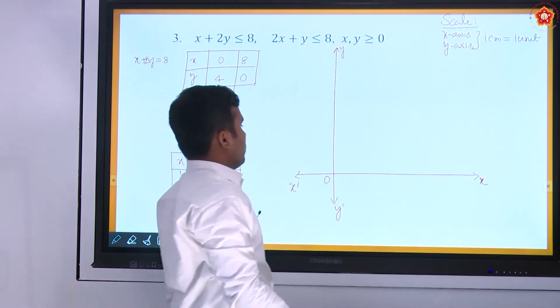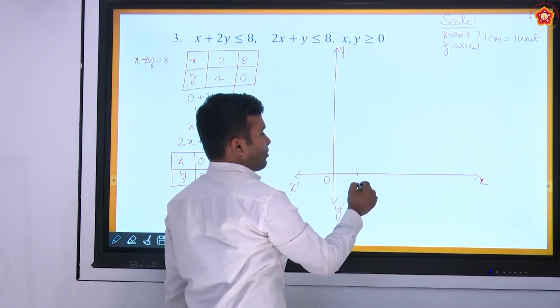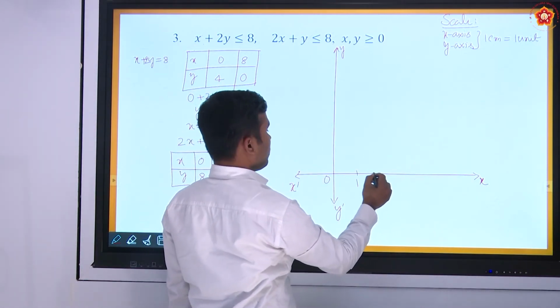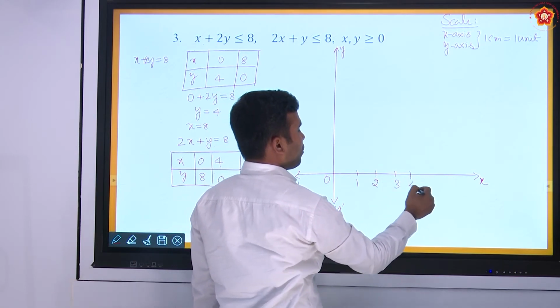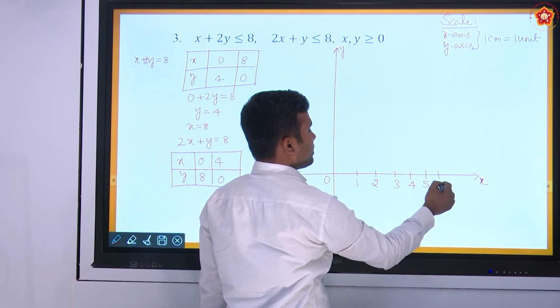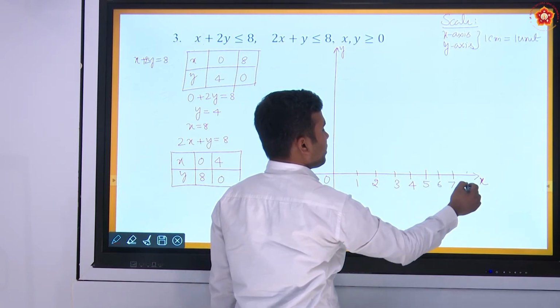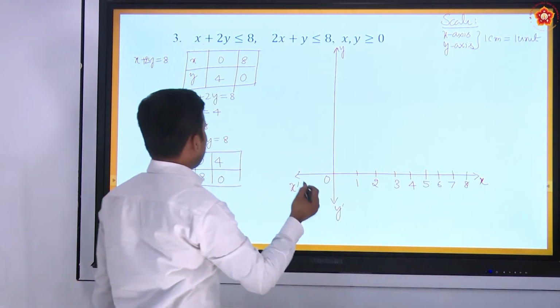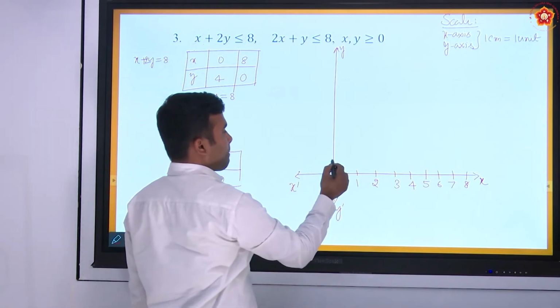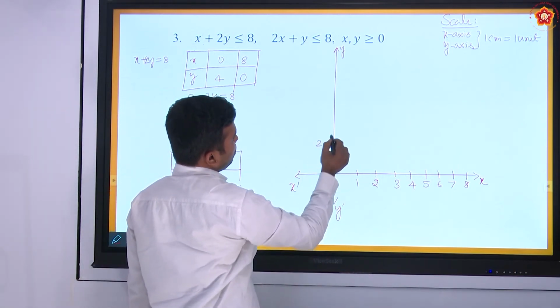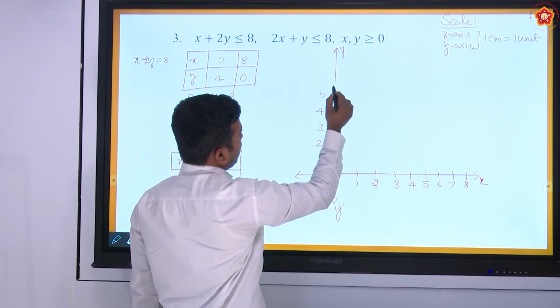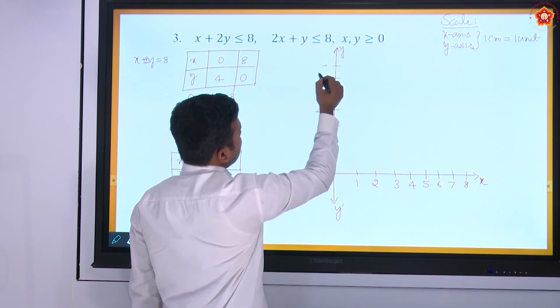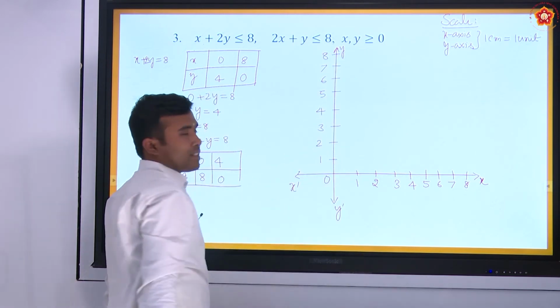Then it will be 1, 2, 3, 4, 5, 6, 7, 8. Similarly on the y axis, 1, 2, 3, 4, 5, 6, 7 and 8.